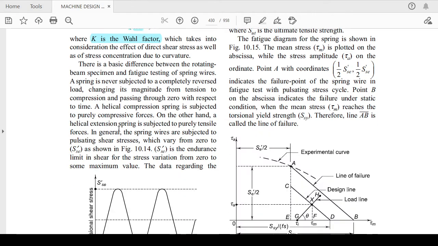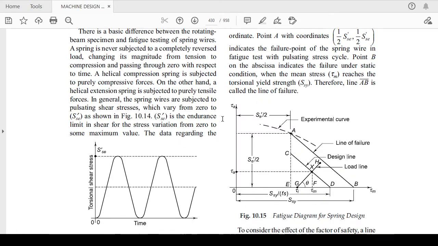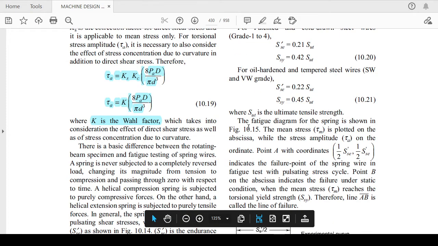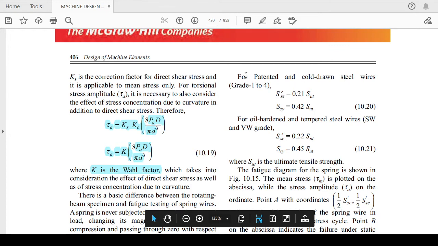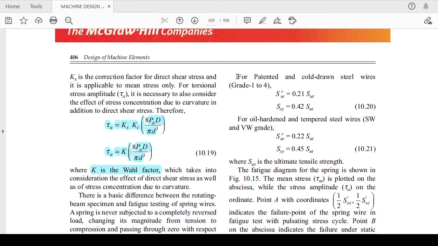If you know these two values, then you can draw this particular diagram with the help of these values. If your material is given, then for different kinds of material you can take the values of SSE, which is the endurance strength, and SSY, the yield strength. For oil-hardened and tempered steel wires, you can get the value with the help of SUT, which will be given for those particular materials.